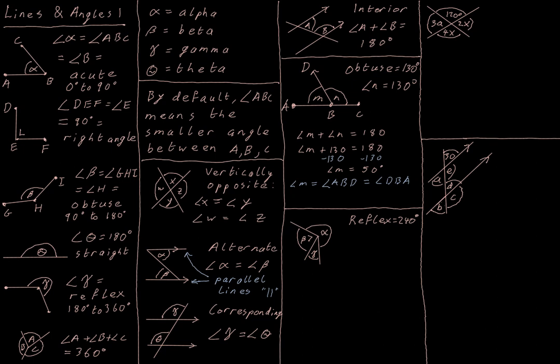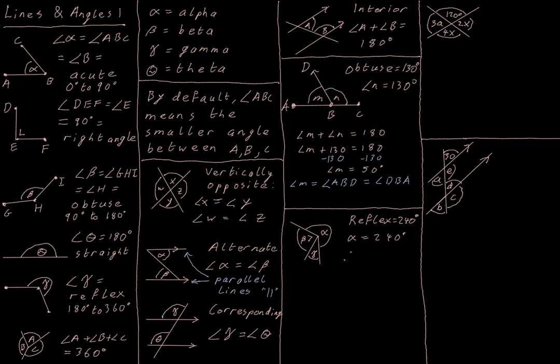So if we want to find alpha, beta, and gamma, and we know that the reflex angle is 240 degrees, well, I know that the reflex angle is between 180 and 360. So I can see alpha is going to be my reflex angle. So I immediately can write down that it's 240 degrees. I know that beta has the right angle symbol in its angle.